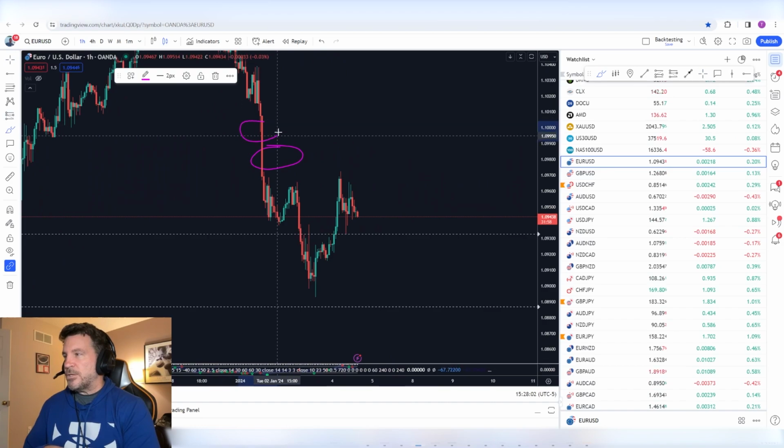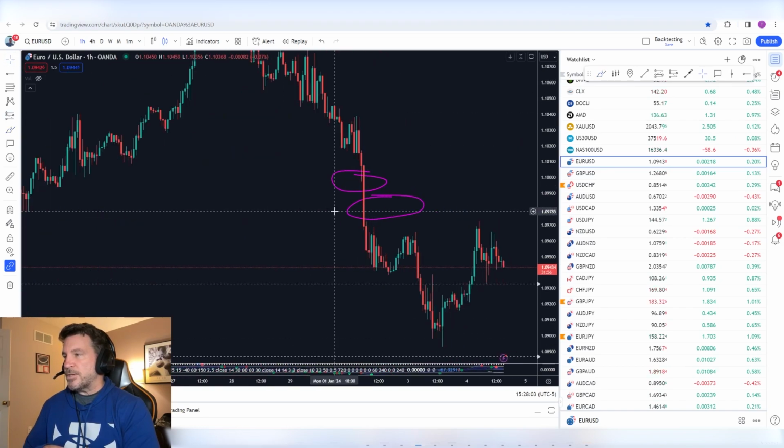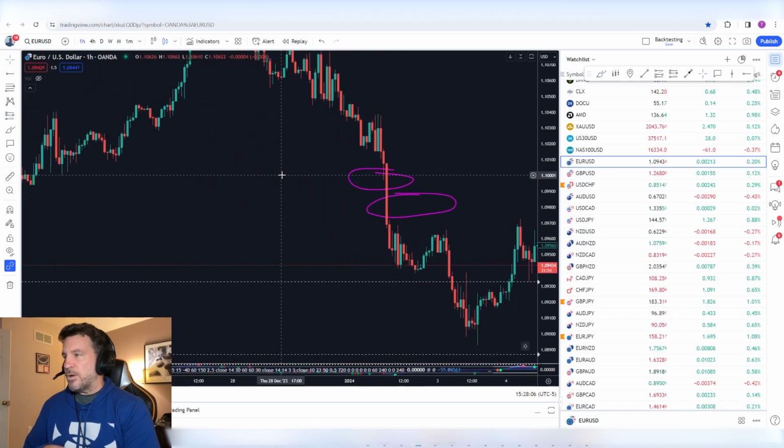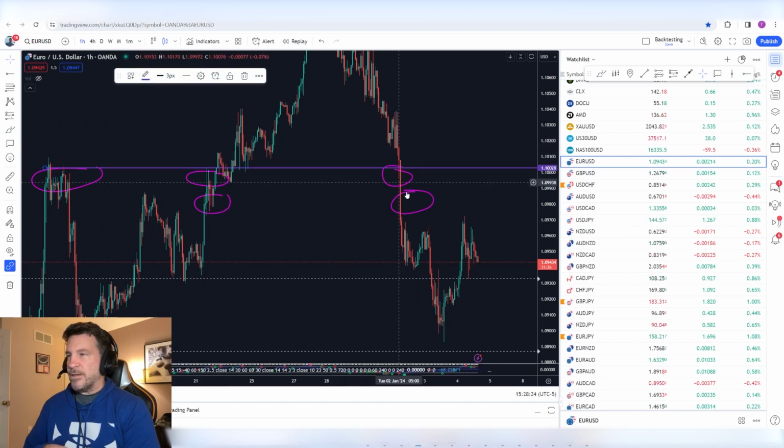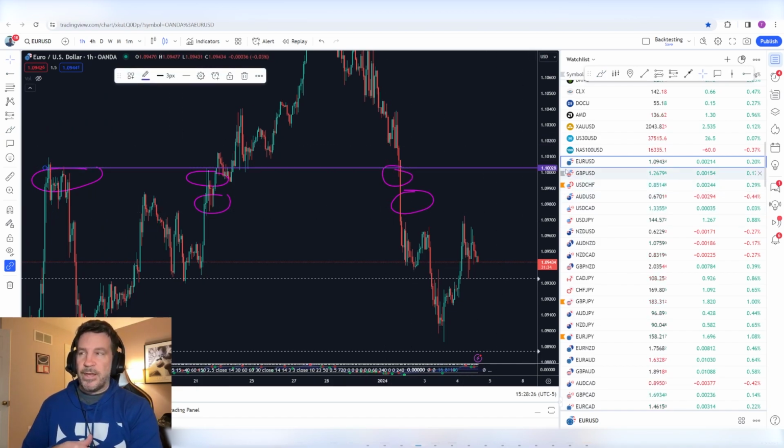There is a rejection wick there, and I'll zoom in on it so you can see it. There's one there, and also one right here. There's some rejection happening here, and here, and then it's happened there. So to me, this would signify that there would be a key level somewhere in this area. This also aligns with a nice even psychological number. So that is one key level there.